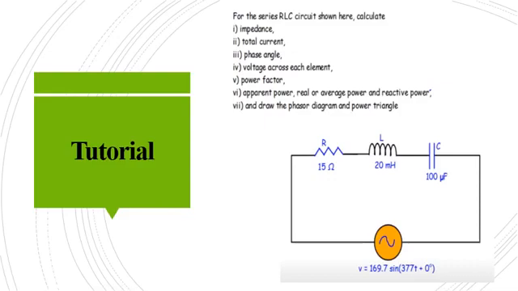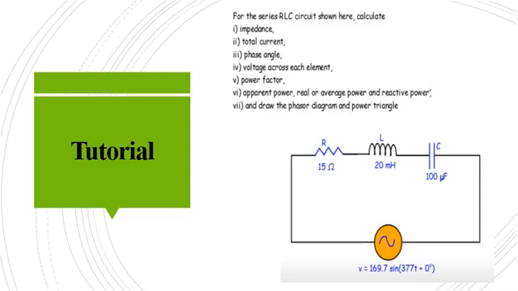Then Irms will be equal to Vrms by Z. Then find the phase angle phi, that is tan inverse of XL minus XC by R. Then the voltage across each element, that will be current into its resistance value. So voltage across the resistor VR will be I into R. Similarly, voltage across the inductor will be I into XL, and voltage across the capacitor will be I into XC.